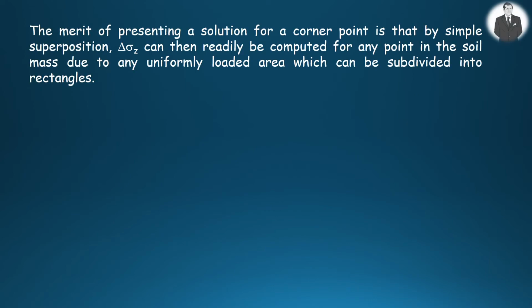The benefit of providing a solution for a corner point is that stress increase can readily be computed by superposition for any point in the ground due to any uniformly loaded area, which can be subdivided into rectangles.